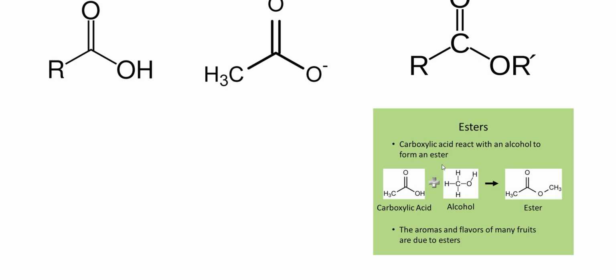Esters are very important because the aromas and flavors of many of the fruits are due to esters. Carboxylic acids have the same characteristics as the acids that we studied in inorganic chemistry, but they are almost always weak acids.